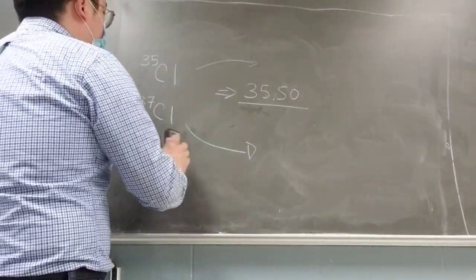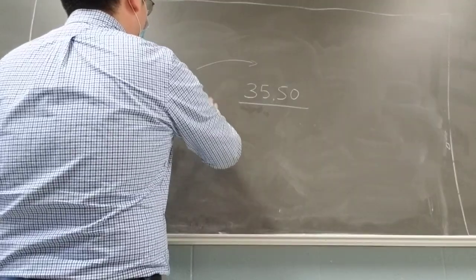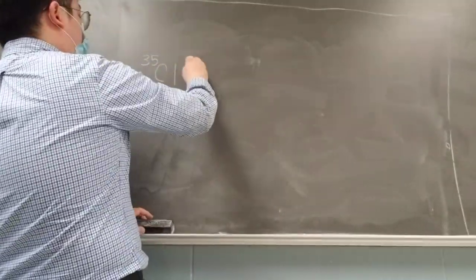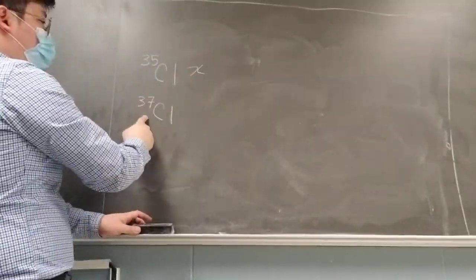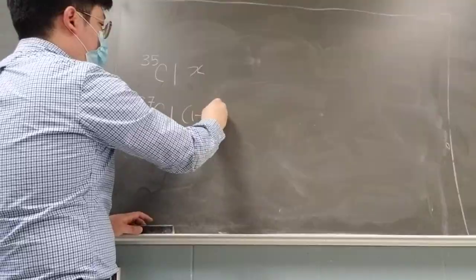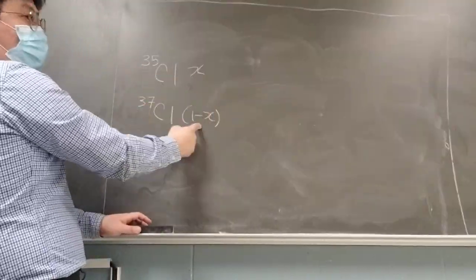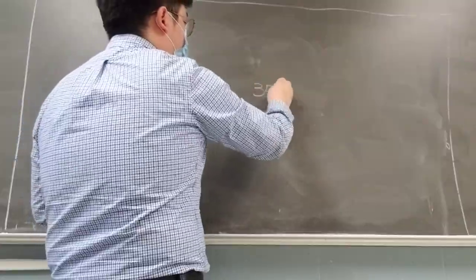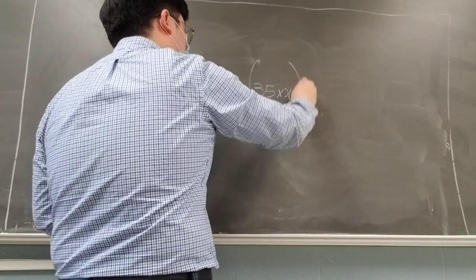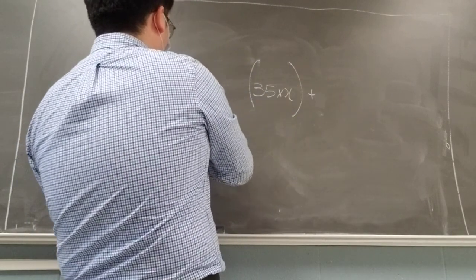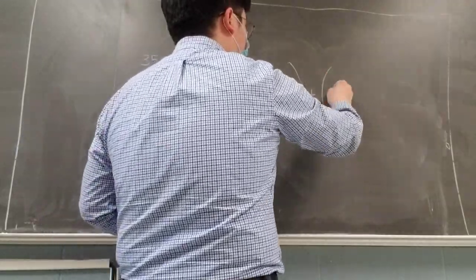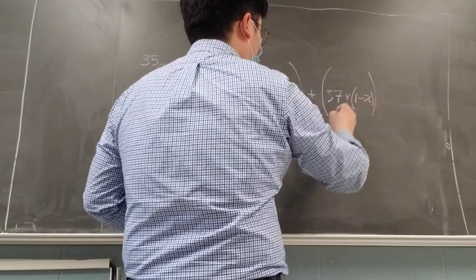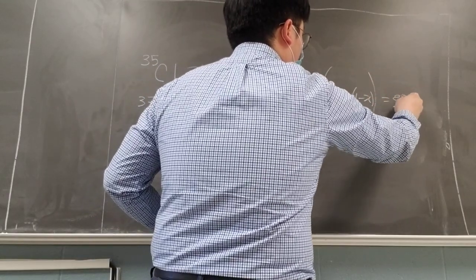Okay. So if that is the case, I'll do pretty much the same. I'll assign this one as x, and this one as 1 minus x. I'm going to multiply these two and add them all. So 35 times x, and then 37 times 1 minus x, and that equals 35.5.